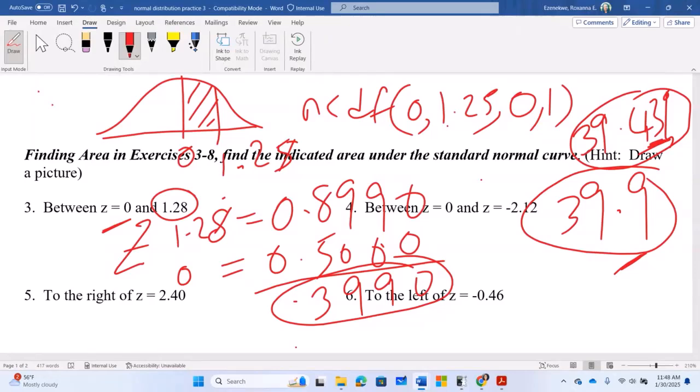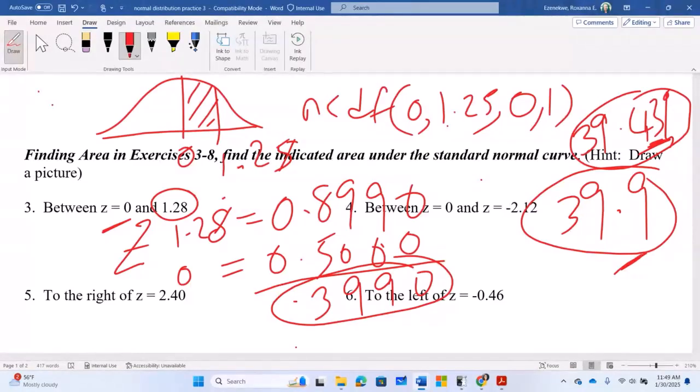Very soon, the question might not allow you to use empirical rule. Therefore, you are left with your charts and your calculator. The most important thing is that if your answer is 39.43 approximately, your answer is correct. I hope everybody understands this. This is very, very important.